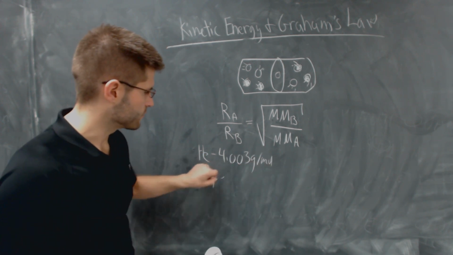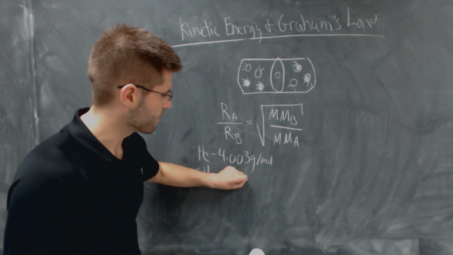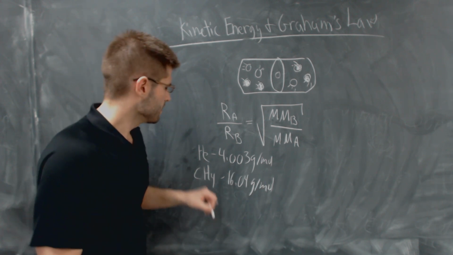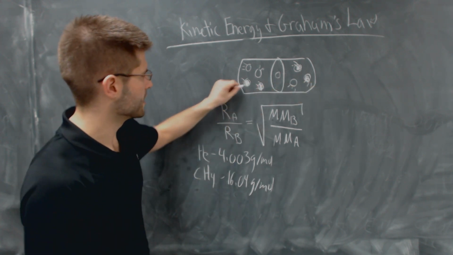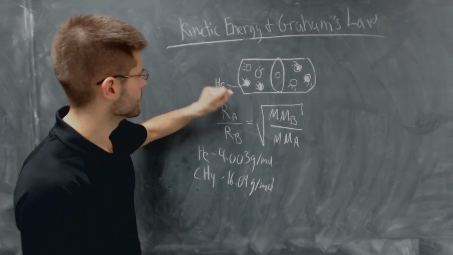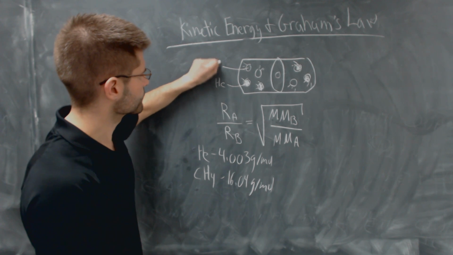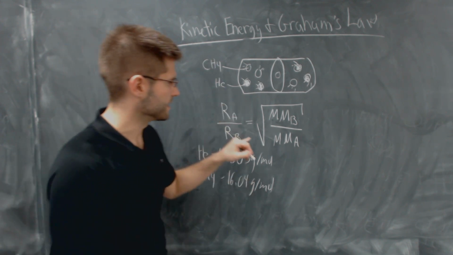We know that methane's we can also calculate from the periodic table. That's given as 16.04 grams per mole. Great. Let's say that these colored in spheres over here are helium. And let's say that the ones that are not colored in are methane. Okay. Let's see the relative rates of these things.